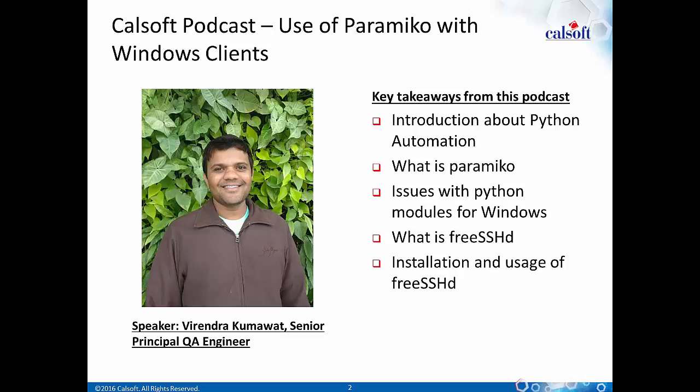For Cygwin and OpenSSH, the issue is usability: you don't have any GUI. A Windows user who wants to use an application is comfortable with a GUI tool. But if you use OpenSSH or Cygwin, you don't have any GUI tool to enable it. So it's very difficult for Windows users to use these applications to enable the SSH service. If we use freeSSHd, then it's very easy.